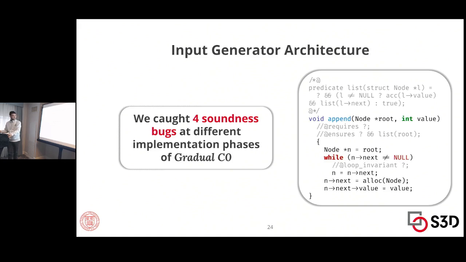But at the time, gradual C0 actually said this code was sound, even though it wasn't checking correctly. So this was a soundness issue, which when compared with dynamic C0, you would see the difference in output.